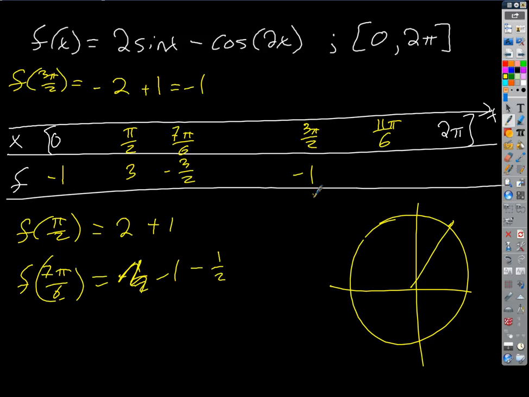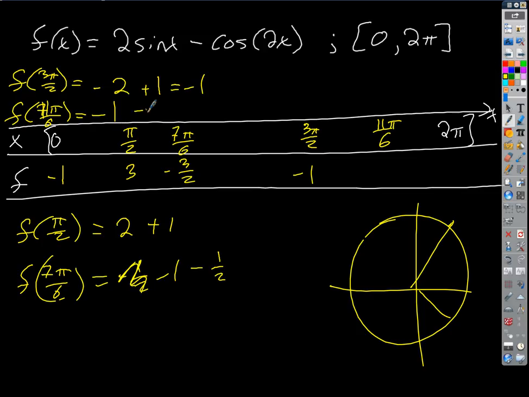Okay, and then finally 11/6 pi. Sine of 11/6 pi is what? Negative 1/2, right? Times 2 would be, oops, 11. So negative 1, right? Did I do that right? Yes. Okay.